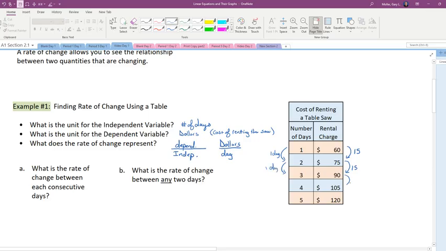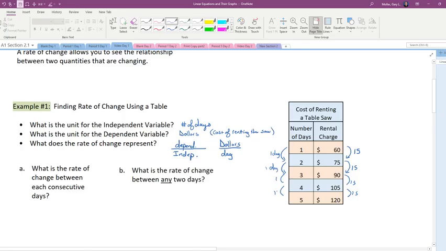And that continues, 15, 15, and this goes up by one and goes up by one. And so when we have a consistent rate of change, the rate of change is always $15, then what we have is something that will end up being a linear equation, but we'll get to that soon enough.